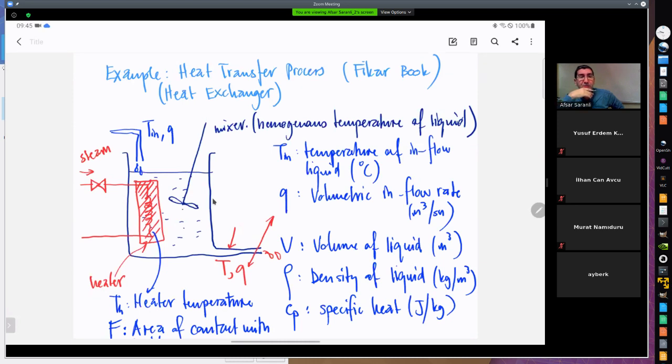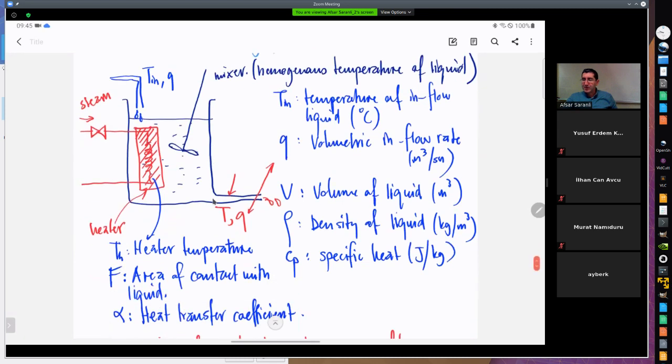So the heat from the heater is transferred to the liquid, and the aim is to have a constant output temperature T at the output of that vessel.